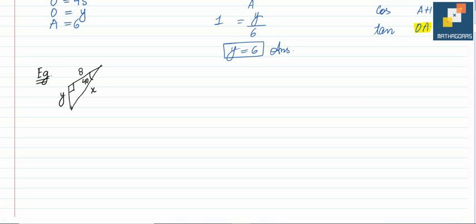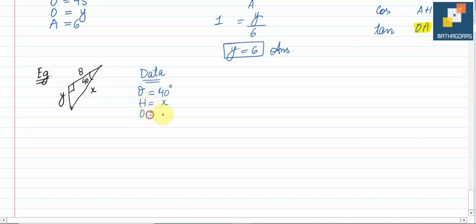First thing, I am going to make data. In my data, I know the angle, that is 40 degree, right? I know that hypotenuse is equals to x. I know that opposite is equals to y, and the leftover adjacent is equals to 8.